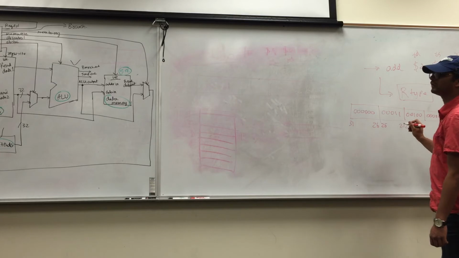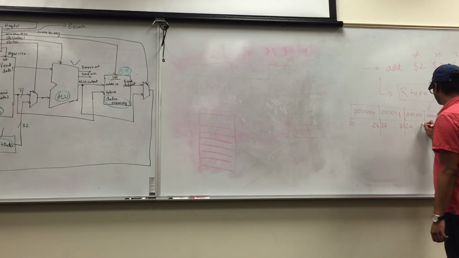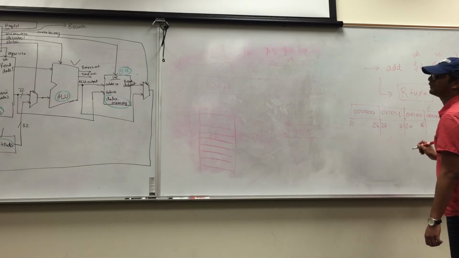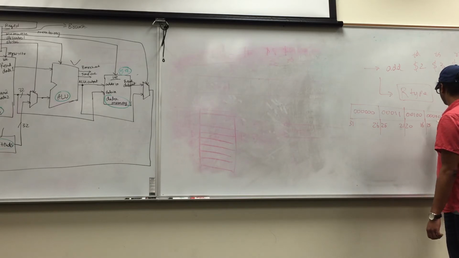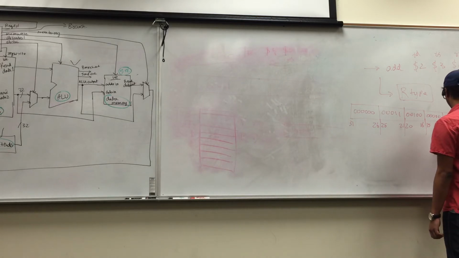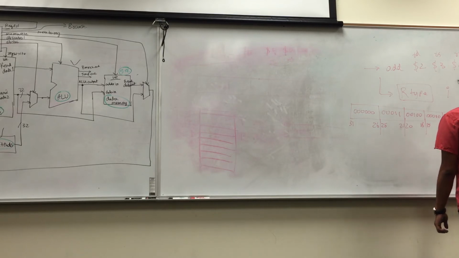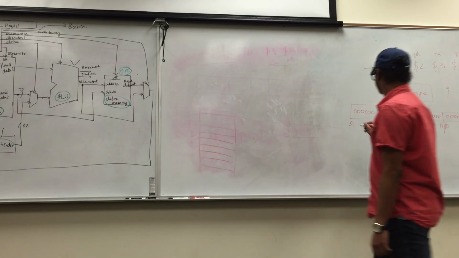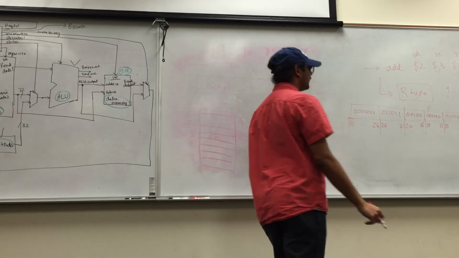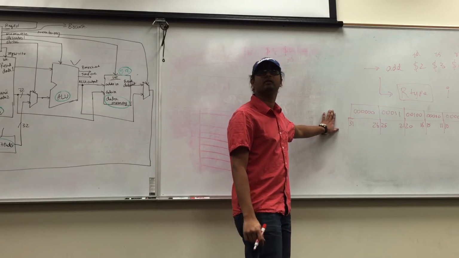This is 20 to 16, 15 to 11, 10. Okay? Does it make sense? Does the instruction set make sense?